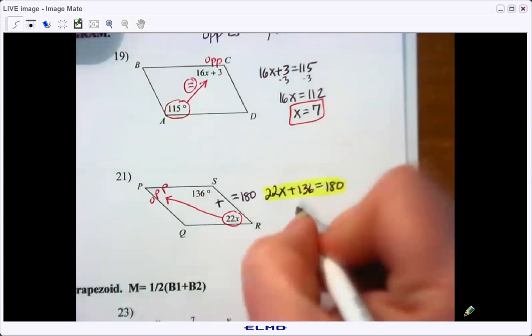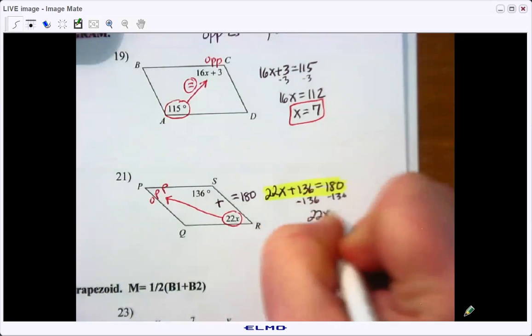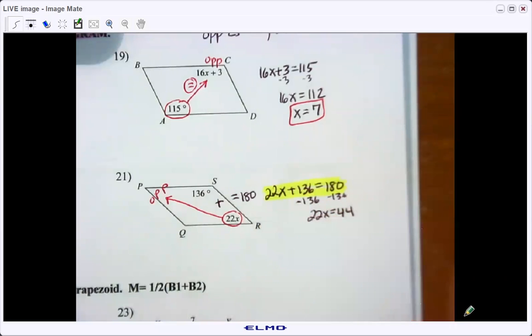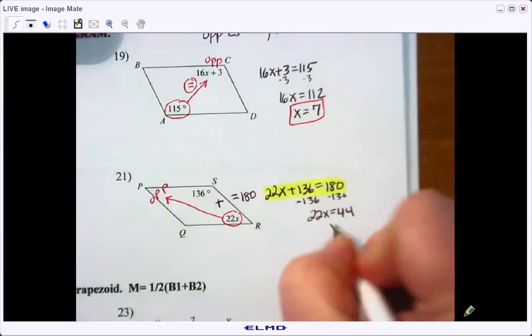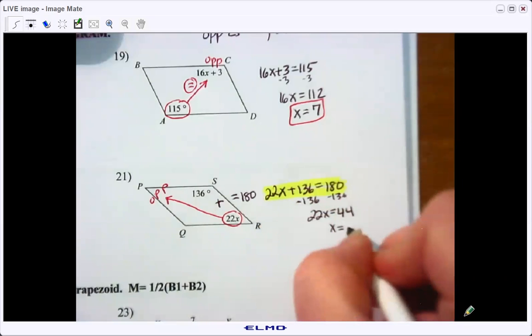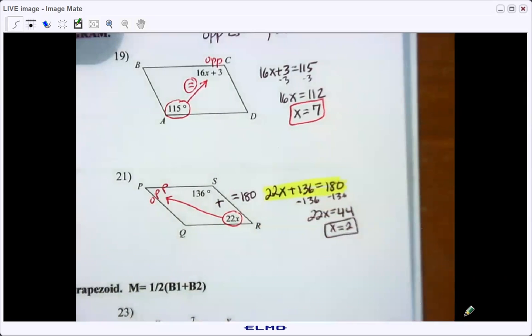Subtracting 136 on both sides, 22x is equal to 44. So x is what, guys? You put it in the chat box. x equals 2. Okay.